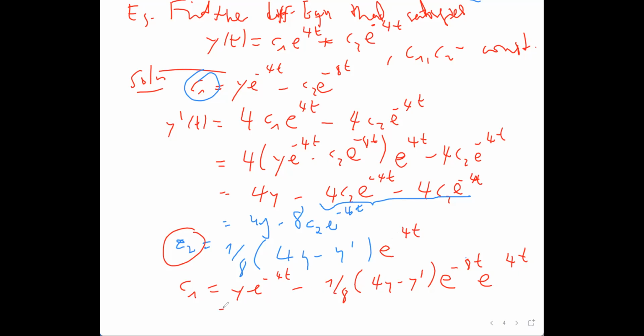And so we can go ahead and write y e^(-4t) minus 1/8 (4y minus y') e^(-4t) minus 4t.